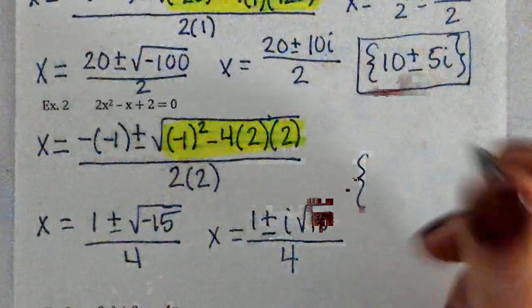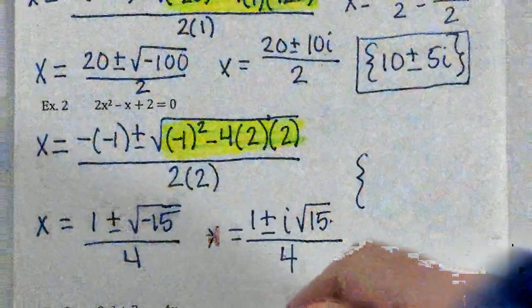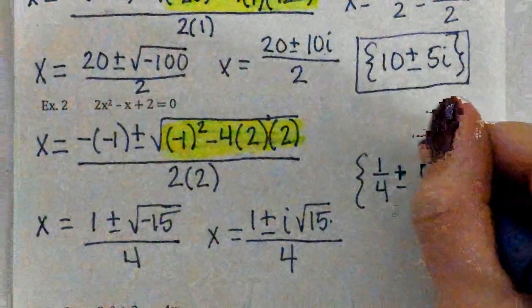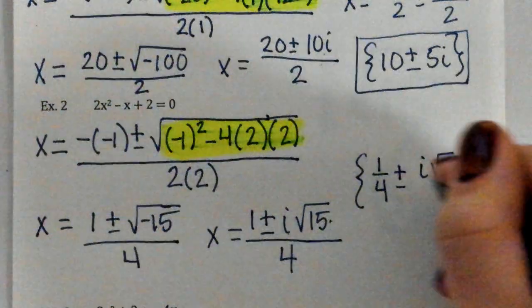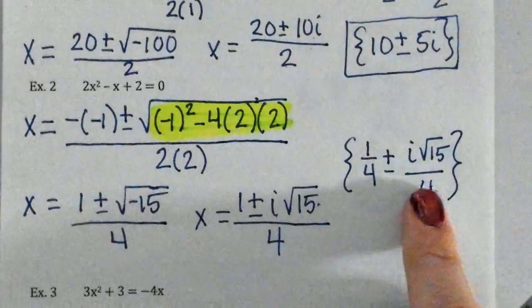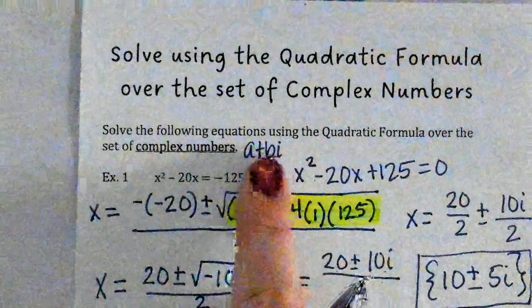If I go to write my final answer and I split up my denominator, I have 1/4 plus or minus i times the square root of 15 over 4. That's one way to write my answer. But another way to write our answer is to make this literally in a plus bi form.